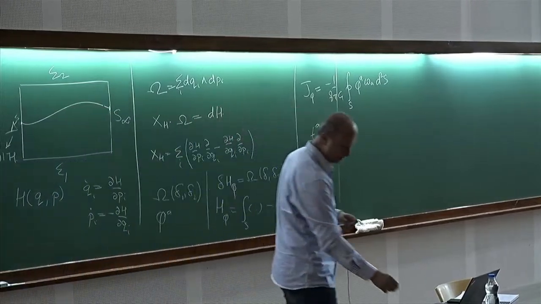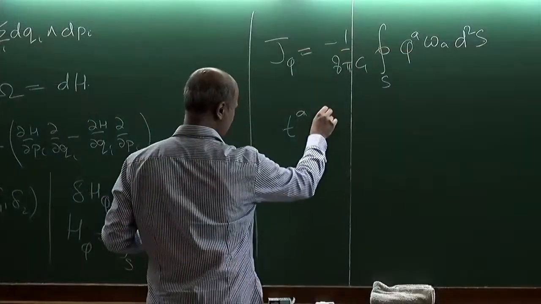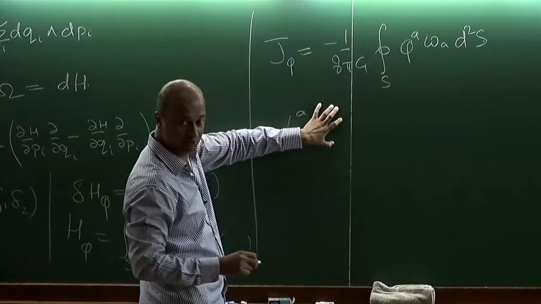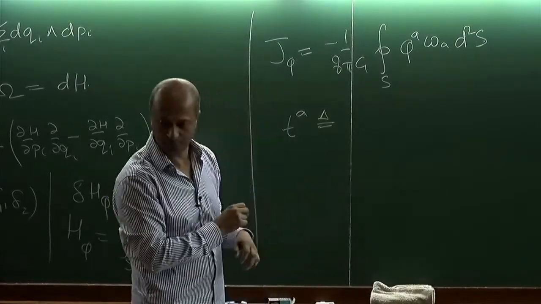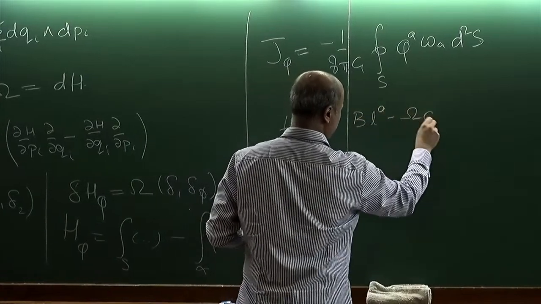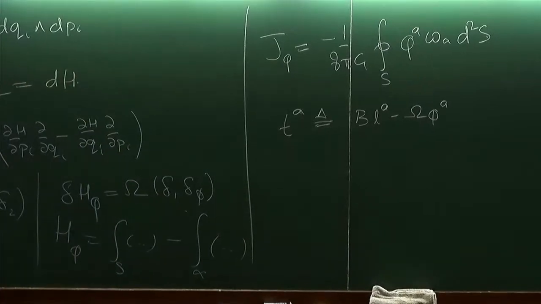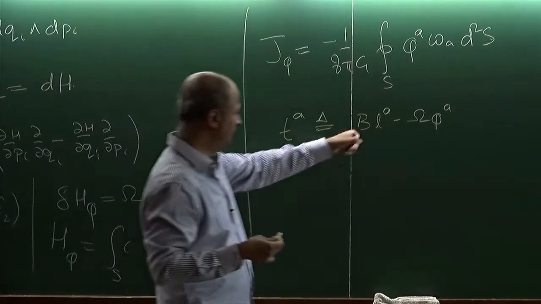So let's take the T at the horizon, by which I mean just at the horizon, to be of the form something along L minus something along this preferred symmetry vector phi, with some constants B and omega.